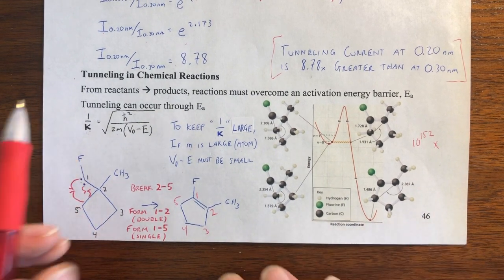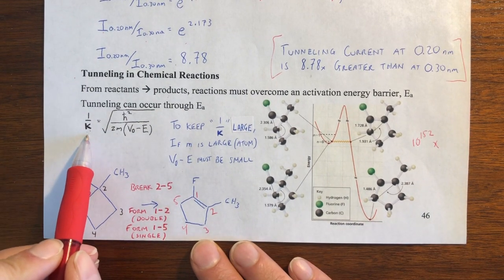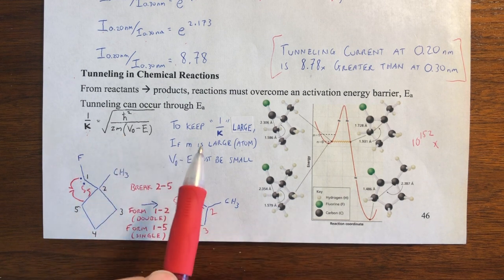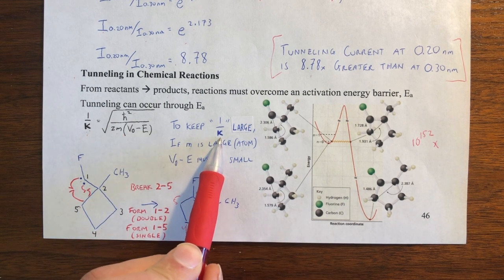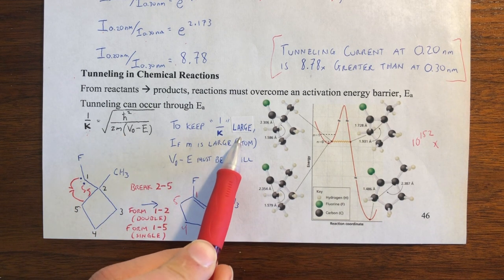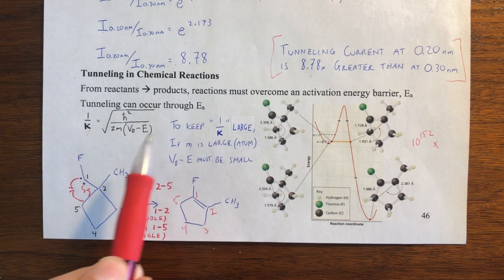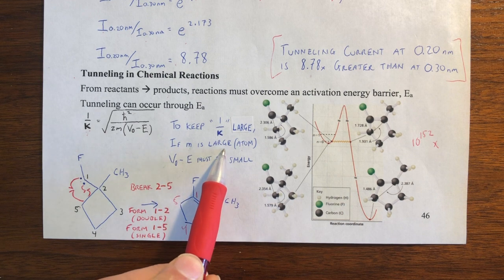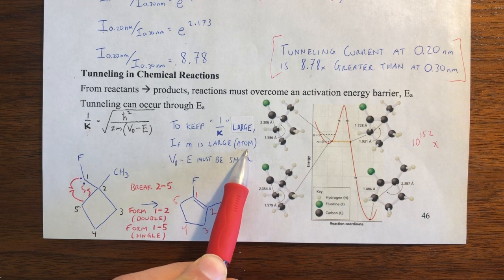First, we need to take a look at our decay length equation, which is described by 1 over kappa, and that's equal to this expression here. Now, in order for tunneling to occur, we need to keep our decay length, 1 over kappa, relatively large. Now, since we're dealing with a chemical reaction, our mass is no longer electrons, but it's much, much larger because we're going to be dealing with atoms.